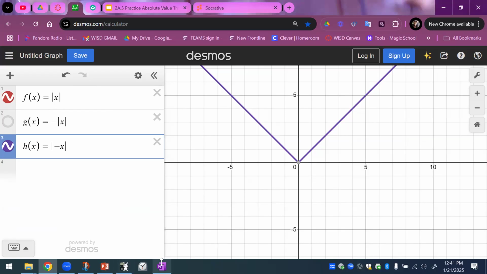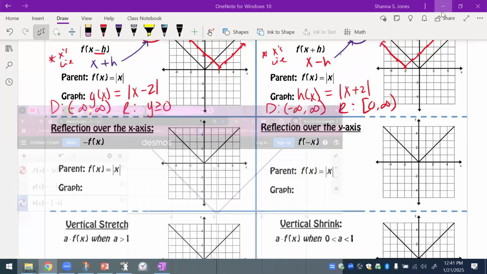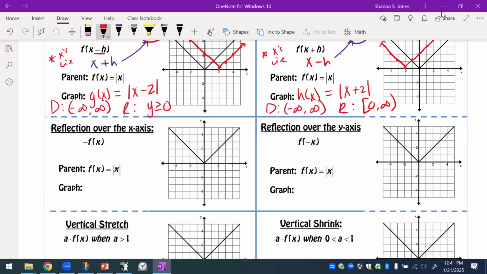So let's go write some stuff down. All right. So negative f of x, what that means is that we took our y values and multiplied them by -1, right? That's what caused it to reflect over the x-axis. So our g of x that we put in equals negative absolute value of x. And it caused all of our points to reflect over the x-axis.